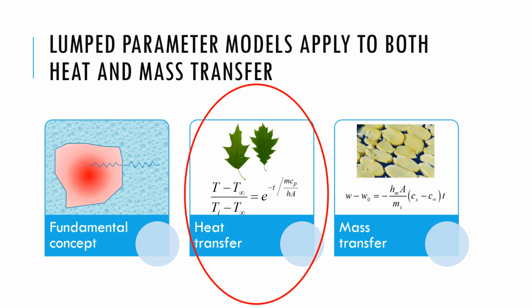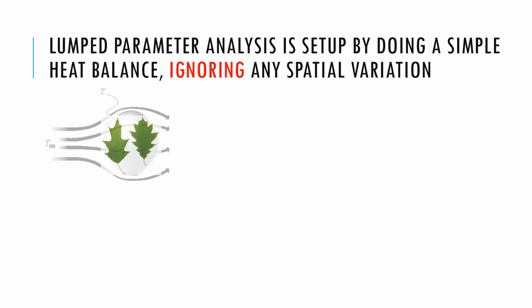We will now get into building the detailed equation for the lumped parameter in the case of heat transfer. It's actually a very simple one. To derive the equation for temperature in the case of heat transfer, I'm going to think of the leaf, for example, as very thin.